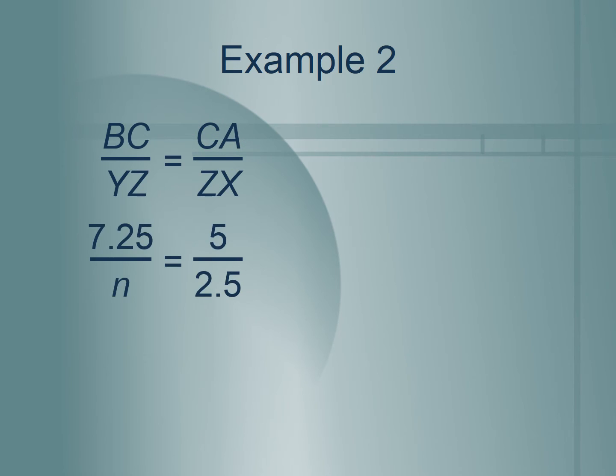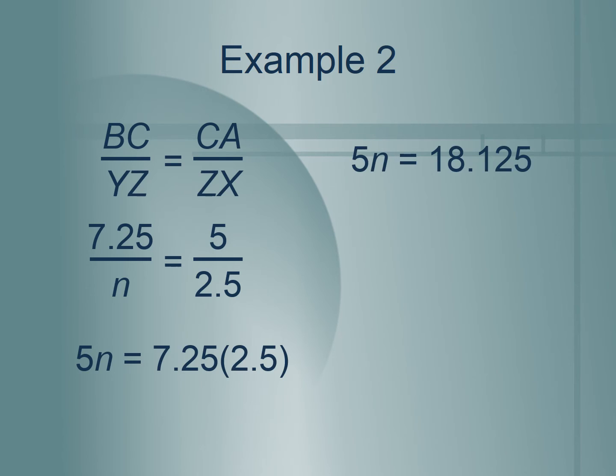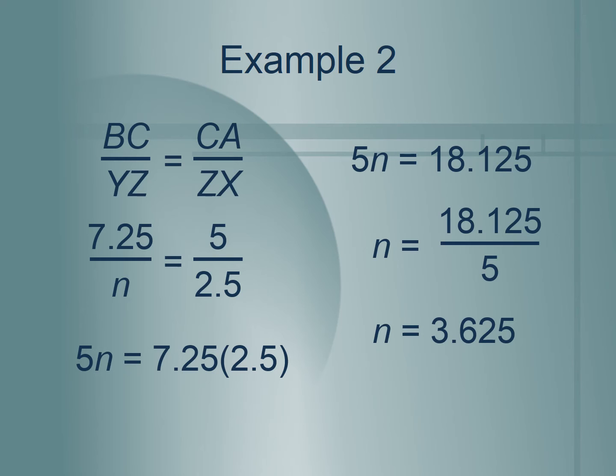So for this one, we need to solve for the side YZ, knowing that side BC is 7.25, that CA is 5, and ZX is 2.5. So we cross multiply. 7.25 times 2.5 is 18.125. We divide both sides by 5, and we end up with our missing side is 3.625.